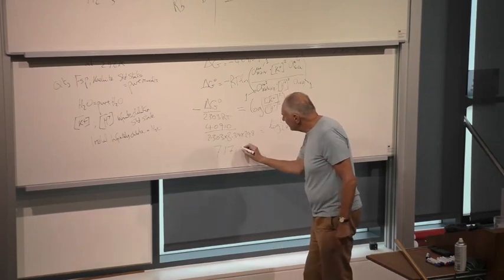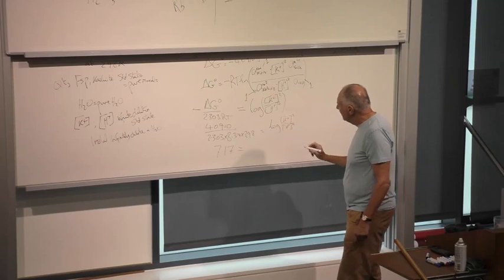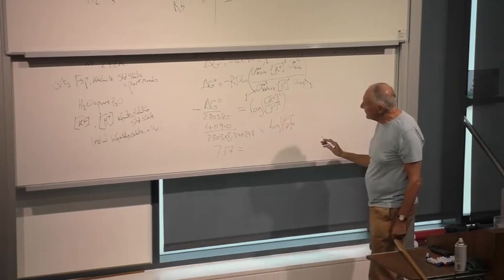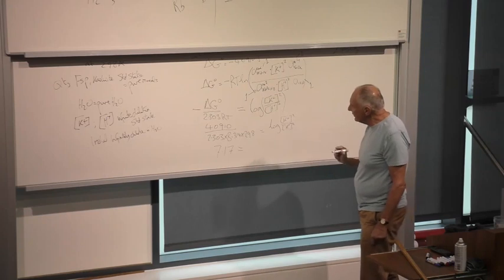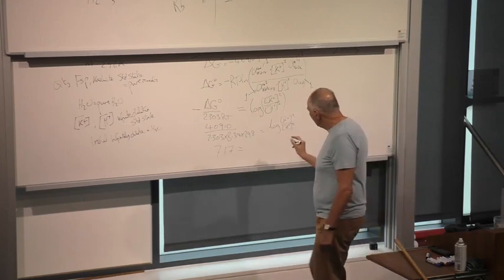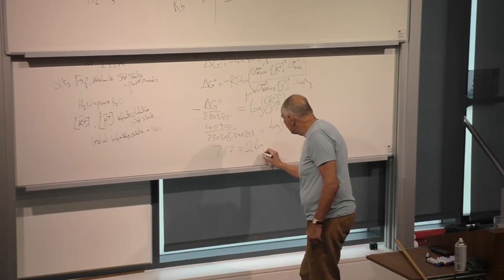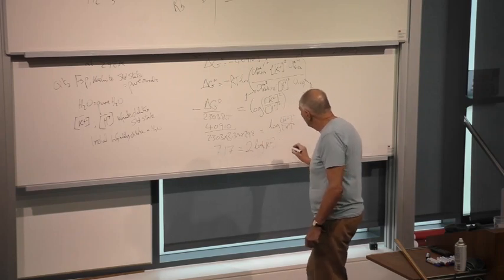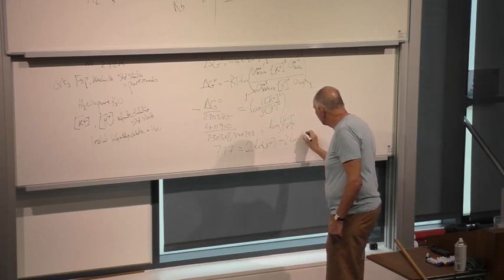And if we take the 2 outside, so we use the properties of logs to separate the potassium from the hydrogen. So that will be 2 log K plus minus 2 log H plus.